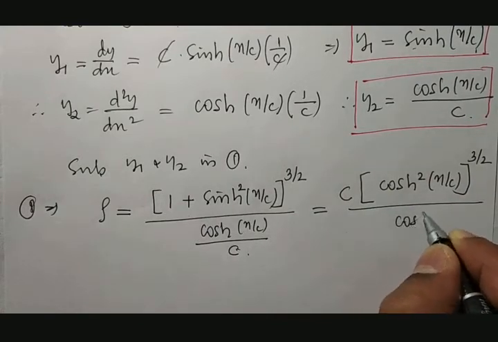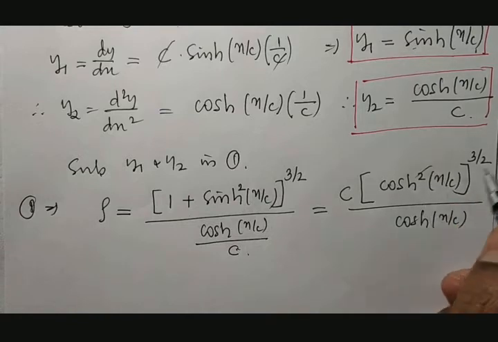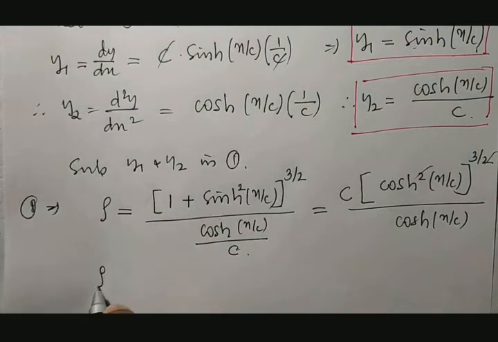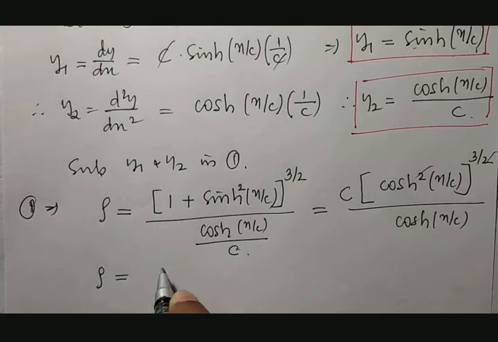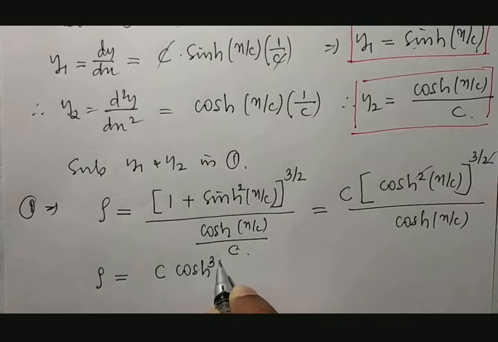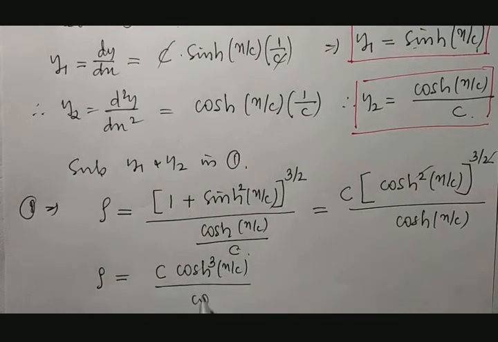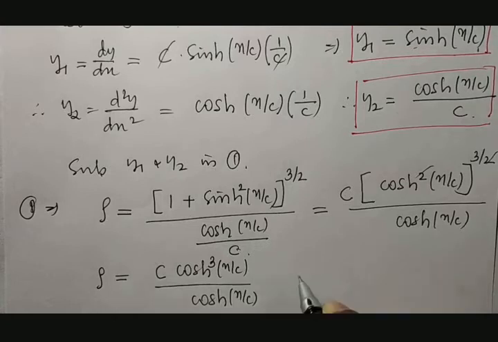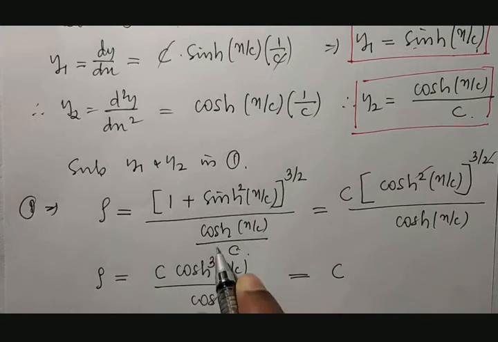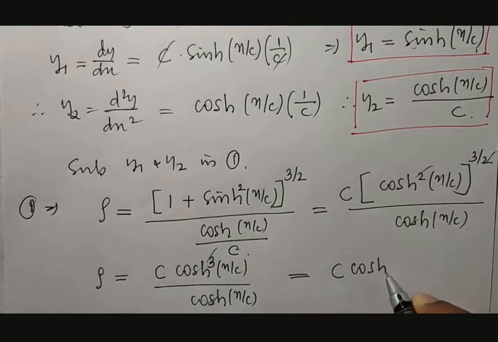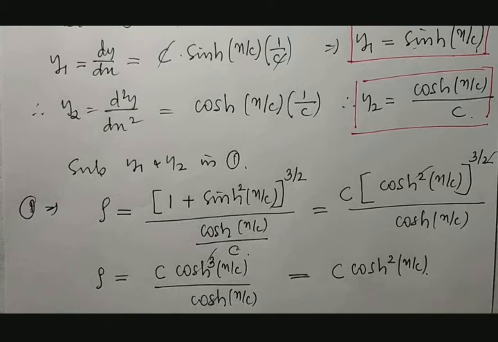This is divided by cos hyperbolic x by c. Here the square and the power 1 by 2 get cancelled. Therefore, rho is equal to c into cos hyperbolic cube x by c divided by cos hyperbolic x by c, which is c into cos hyperbolic square x divided by c.